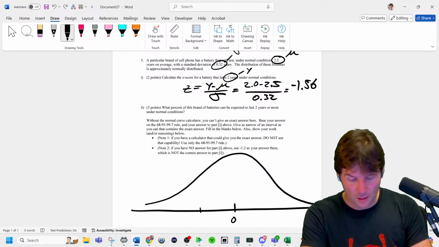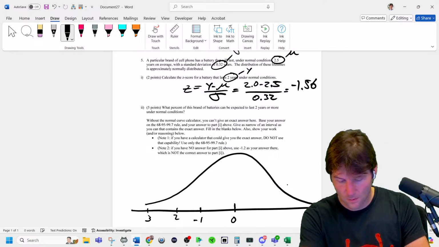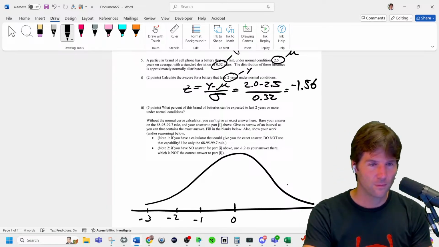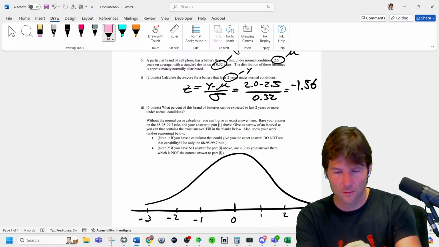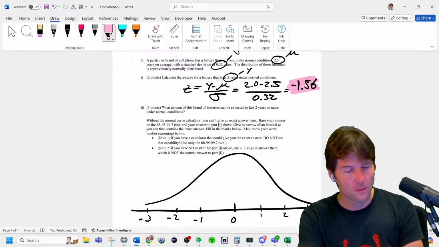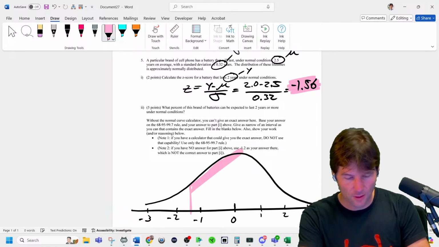Well, we do have the mean. We already have its z-score. And with the z-score right there, we can plot greater than it.